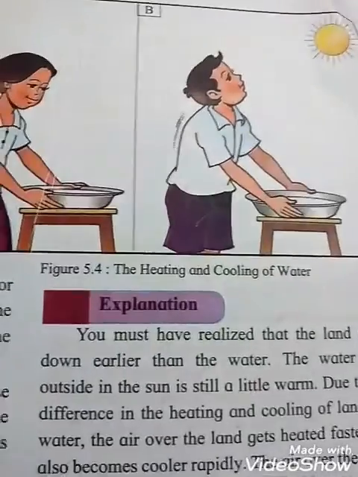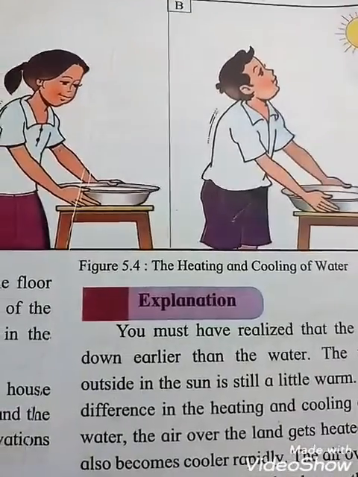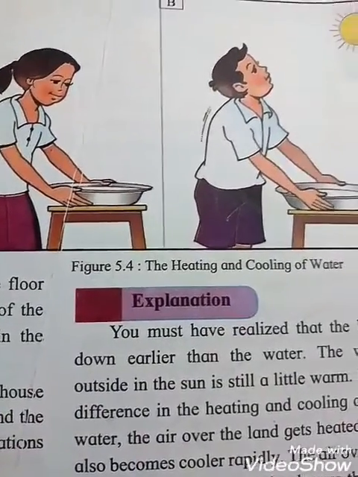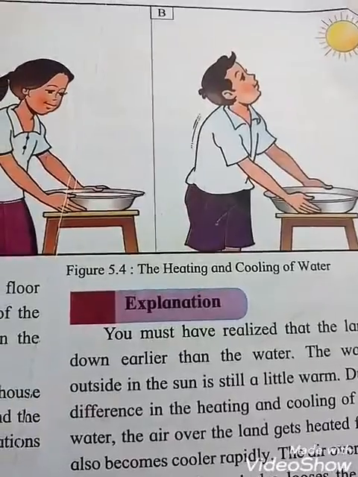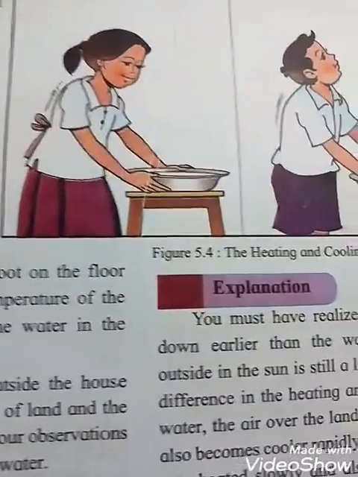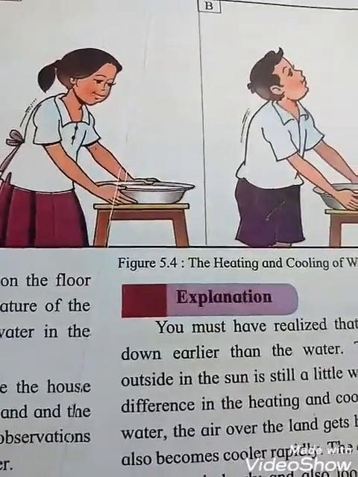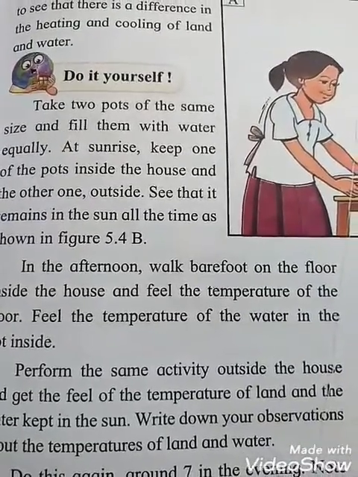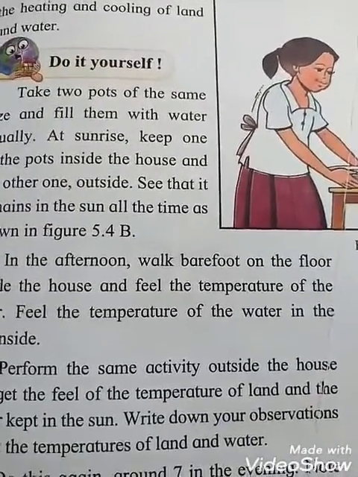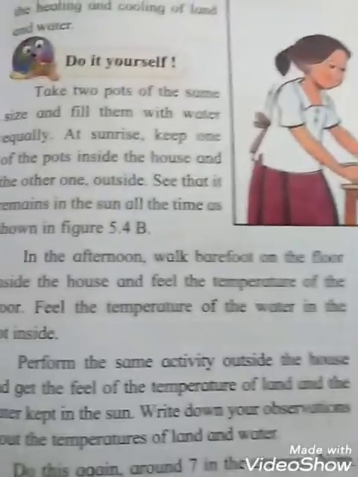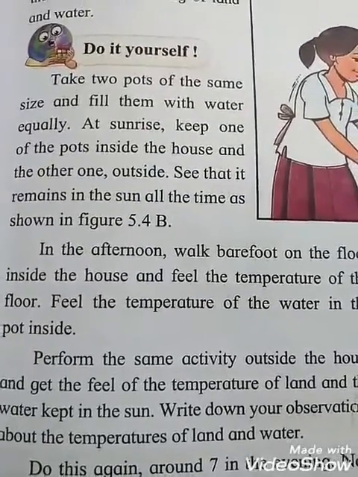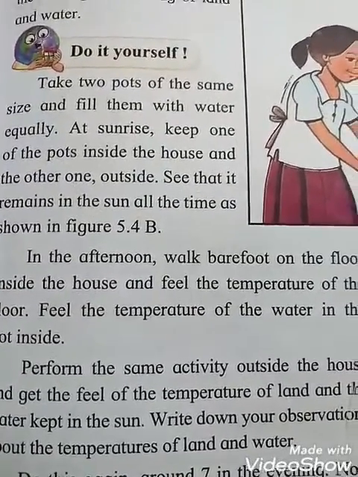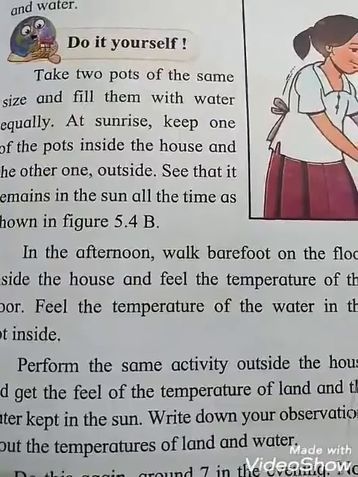Students, can you see figure 5.4, the heating and cooling of water? So you have to take two pots of the same size and fill them with an equal, same quantity of water.